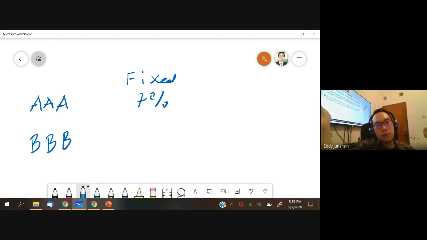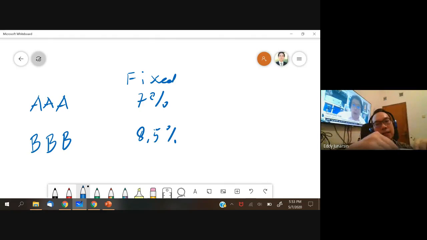And on the other hand, if the triple B wants to borrow money in fixed rate debt, it has to pay 8.5% per year. Right? Easy to imagine. A triple A firm has a better standing, has a better rating, thus having to pay a lower fixed interest rate if it decides to issue a fixed rate debt.